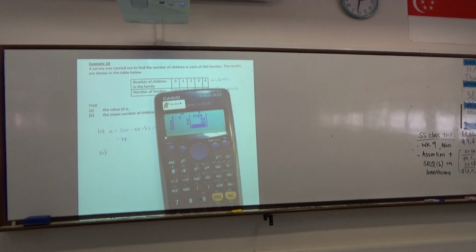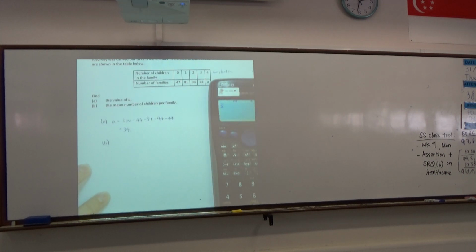Then you go to the AC button, press Shift 1 for stat, go to variance, and look for X bar. You'll be able to get that the mean is 1.79. We all have that? So you could write mean equals 1.79.